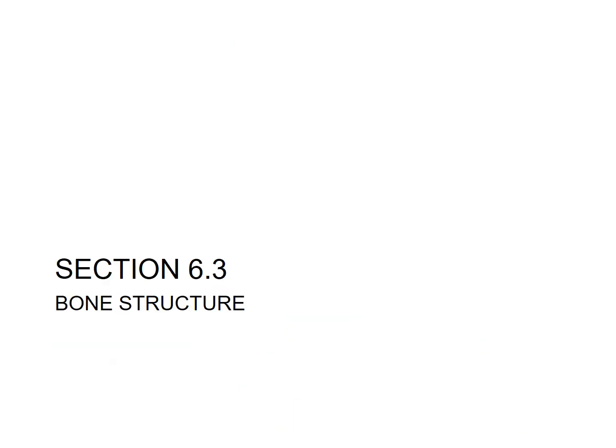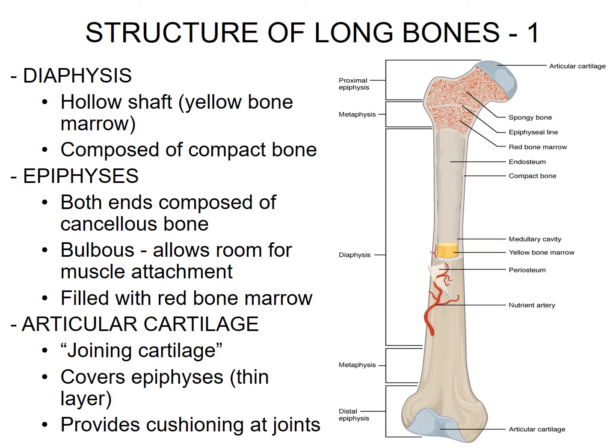Next section, we're going to be talking about bone structure and get some anatomy down before we talk about the physiology part. Recall back to chapter 4, the tissues, when we talked about the 2 different types of bones from a microscopic standpoint. On the outside, we had something called compact bone.